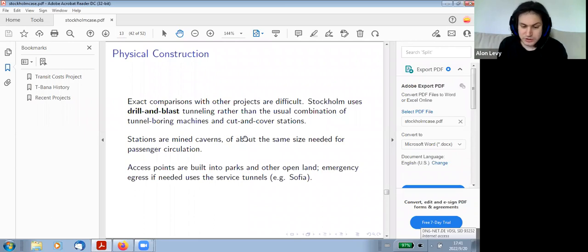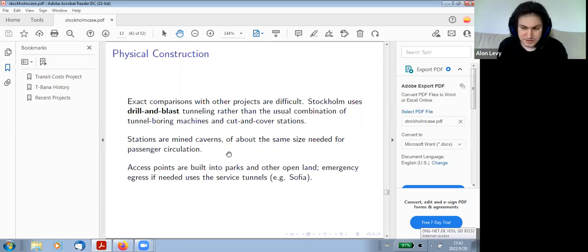Now, it's really important to make sure that you have good access points, so that you don't need to, for example, demolish a lot of expensive buildings. Some of the construction is in the city center of Stockholm with very high land values. You're not going to start demolishing large parts of Södermalm.